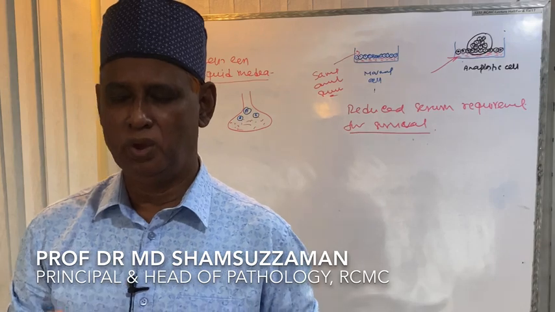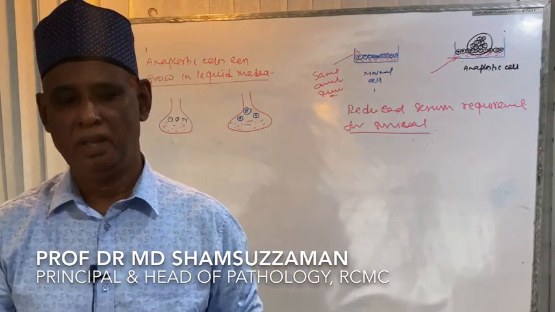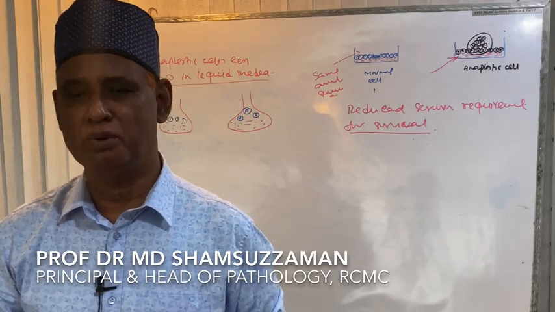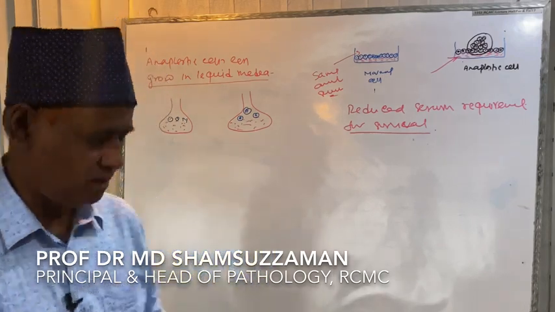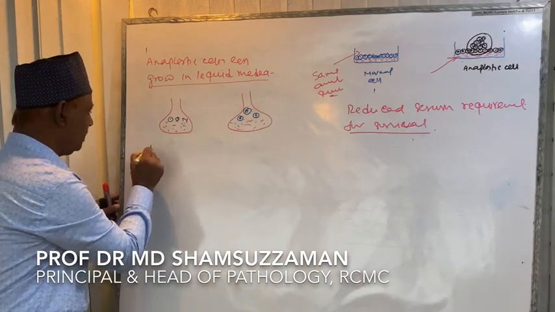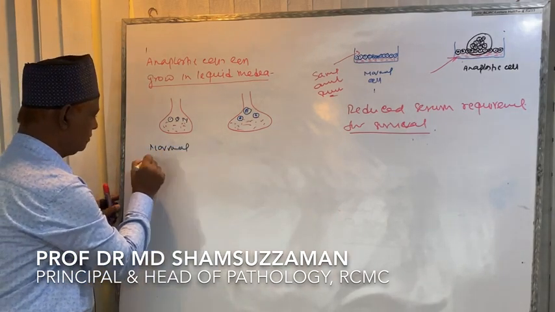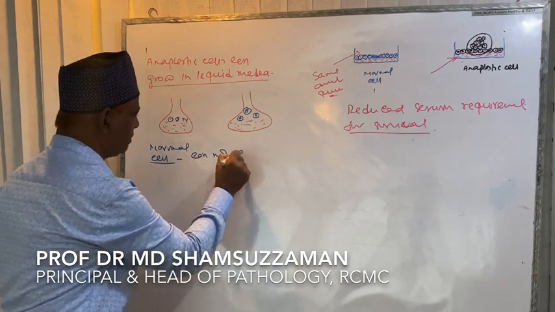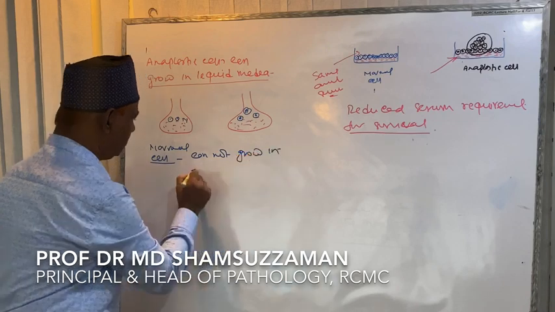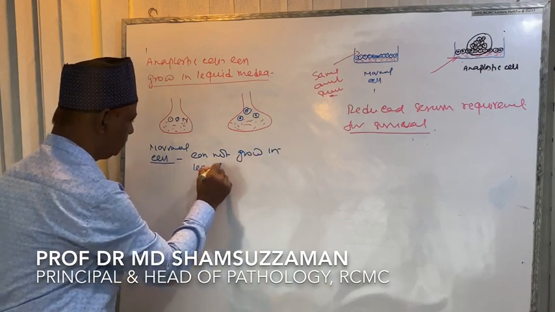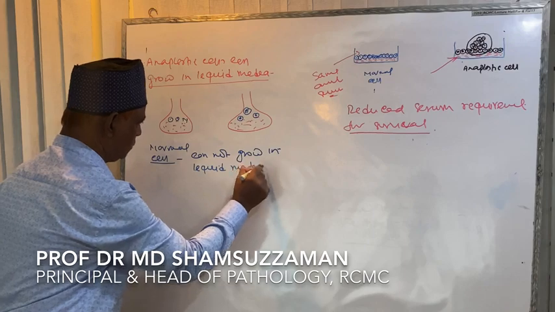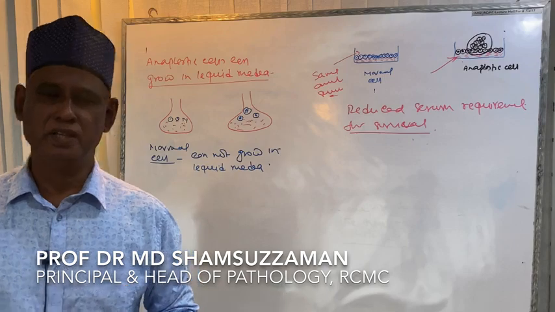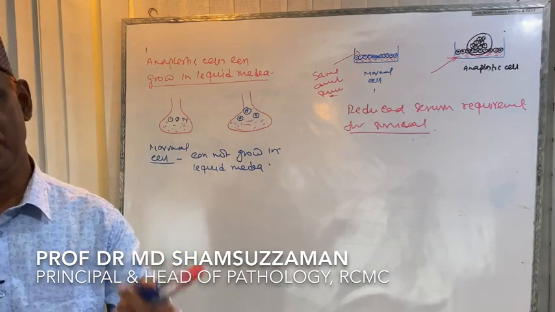Why? Normal cells require anchorage for multiplication and growth, and so they can grow in solid media. Normal cells cannot grow in liquid media. To grow, normal cells require anchorage, so they can grow only in solid media.